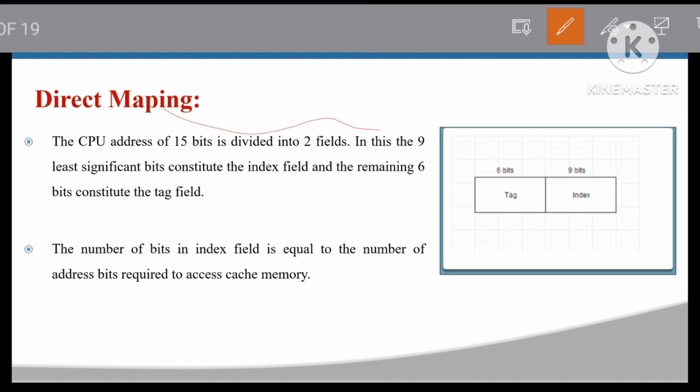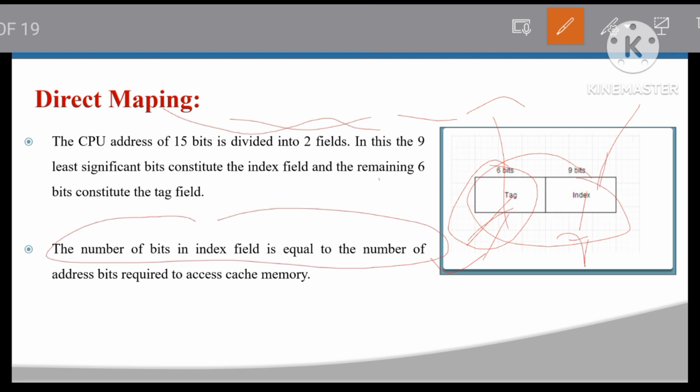We compare the tags and use the index for direct mapping. This is direct mapping.